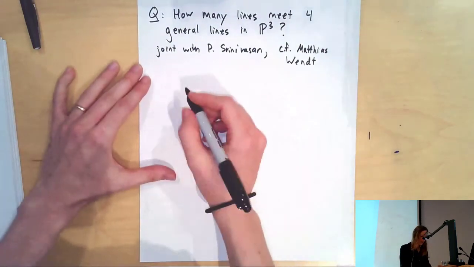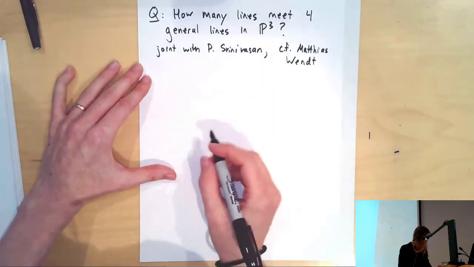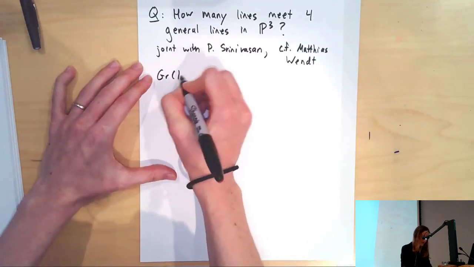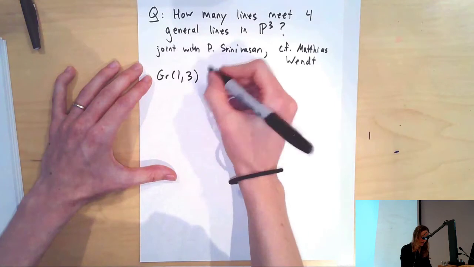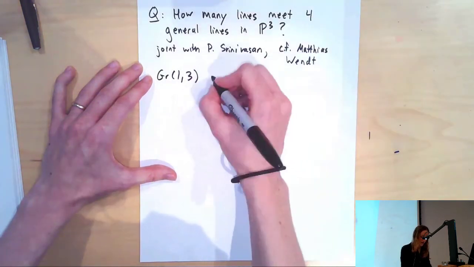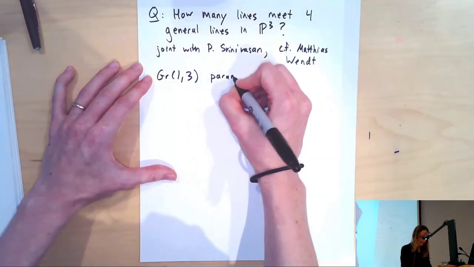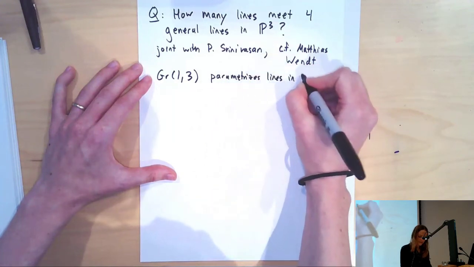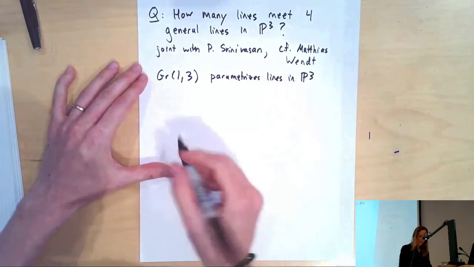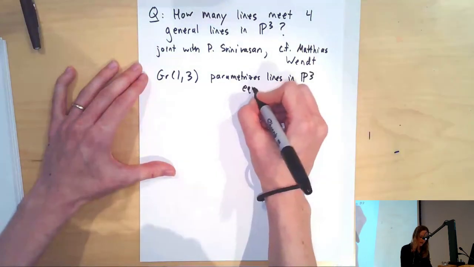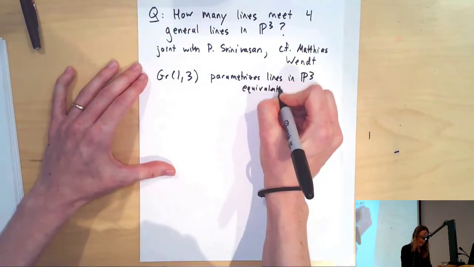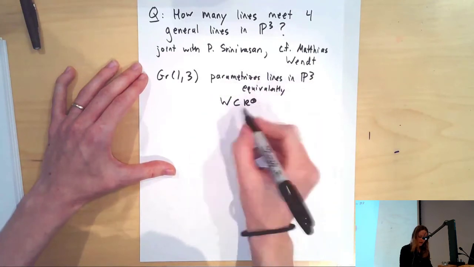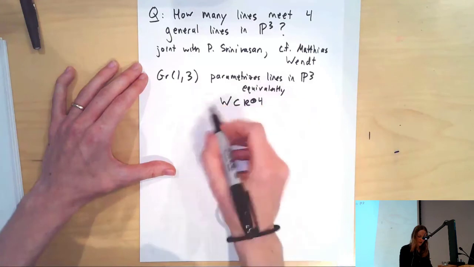Let's think about this question. The notation for Grassmannians is still that Grassmannian 1,3 parameterizes lines in P3. This is equivalent to W. We should really vary the field for the field of definition of W, but I hope you'll forgive me.